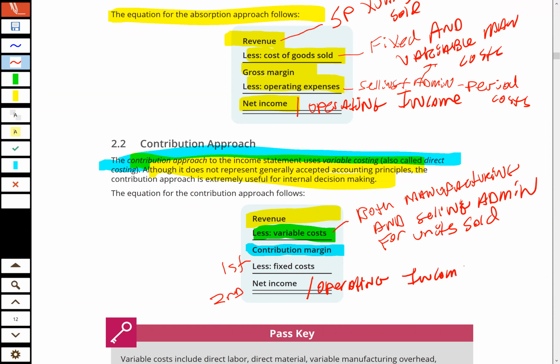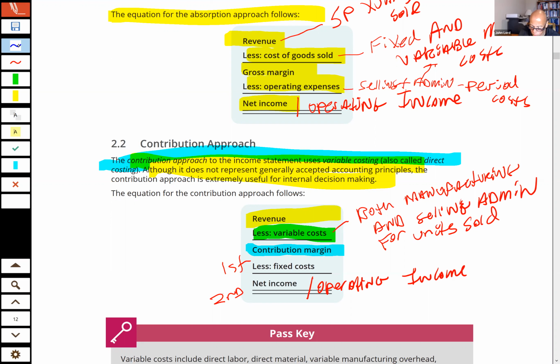So are the manufacturing costs for the period, including the admin costs for the period, under the less variable costs? Say that again. So manufacturing and selling admin: is it the total manufacturing cost, or only for the period?